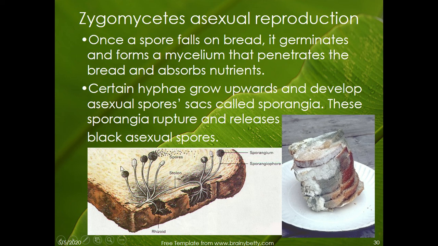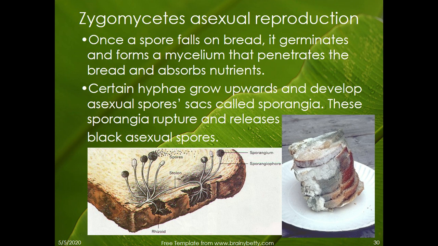Some of the hyphae will grow upward and develop an asexual spore case known as a sporangium. This sporangium will later rupture and release black asexual spores, and these will grow on other parts of the bread.